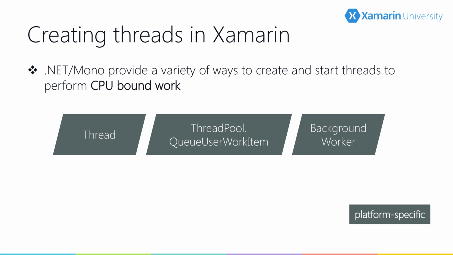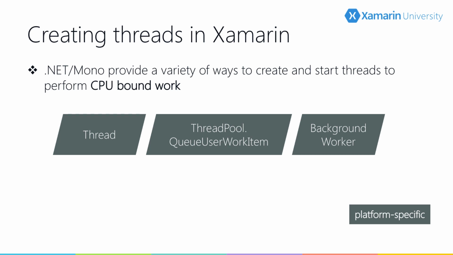This is a UI component, and this UI component was added in .NET 2.0. So there was the requirement that when we are creating Windows-based UI applications, they often needed to execute something in parallel to the main thread. And so they added this component.